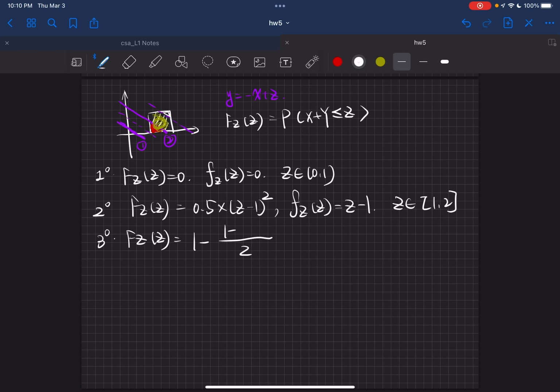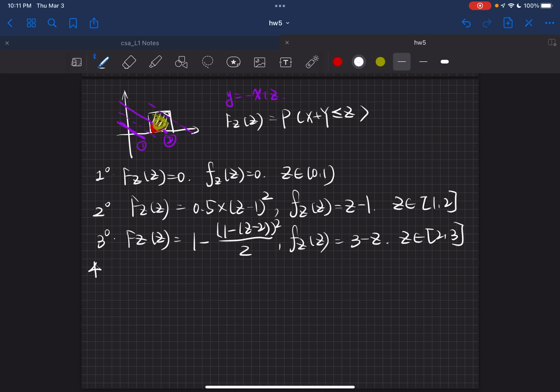And this is equal to this formula. So taking the derivative, we get our density function of Fz equal to 3 minus z. This is for z from 2 to 3.